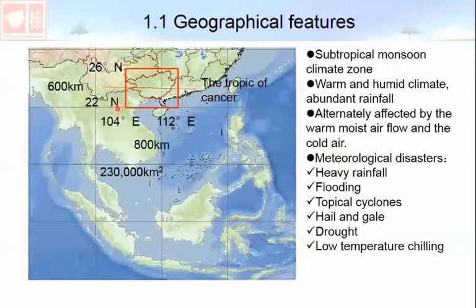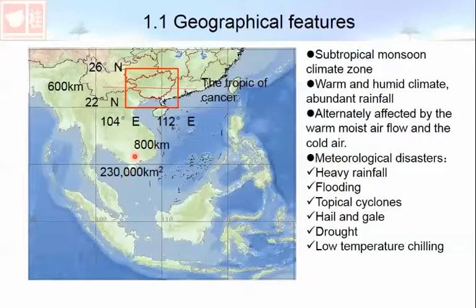Geographical feature. Guangxi is located in the subtropical region between 22 to 26 degrees north latitude and between 104 to 112 degrees east longitude. Guangxi has a span of about 800 kilometers from east to west, 600 kilometers from north to south, and a total land area of about 230 thousand square kilometers.